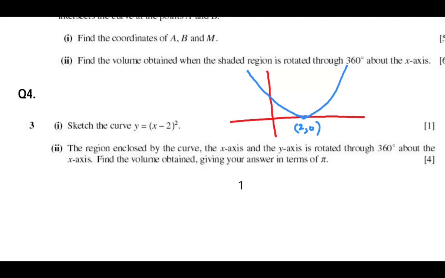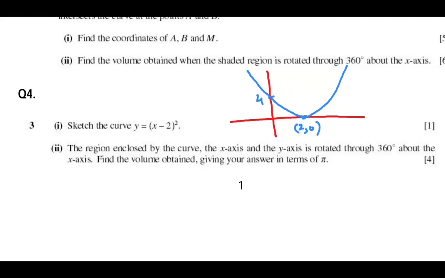आप अगर लेबल करना चाहते हैं तो ये लेबल कर सकते हैं, but for 1 mark I think this is sufficient. But अगर अहमद लेबल करना हो y intercept, can you label? So how will you find y intercept, Ayan? Put x is 0. So if you put x 0, you will get (0 minus 2) whole square, which is 4. So in case if you want to label y-intercept, y-intercept is 4.